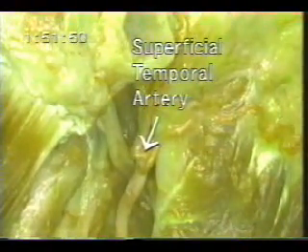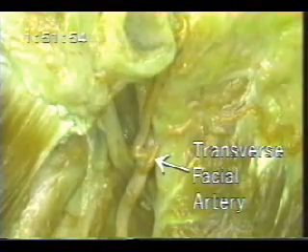Now we'll move upward to look at the last two branches of the external carotid artery. The highest part of the external carotid artery lies within the deepest part of the parotid gland, which has been removed in this dissection. This branch is the superficial temporal artery. Just as it arises, it gives off this branch, the transverse facial.